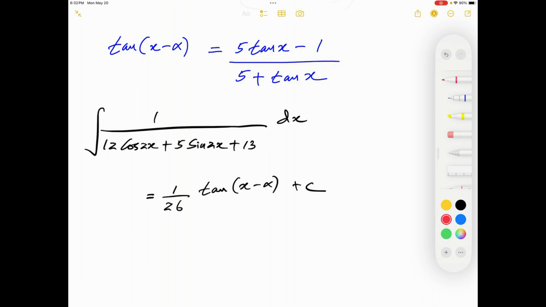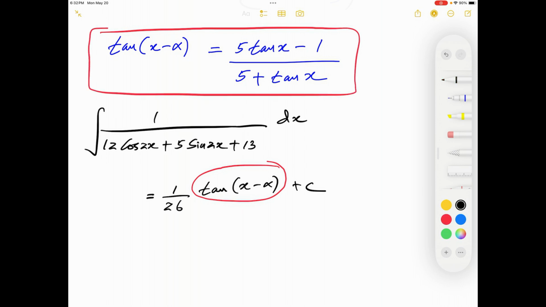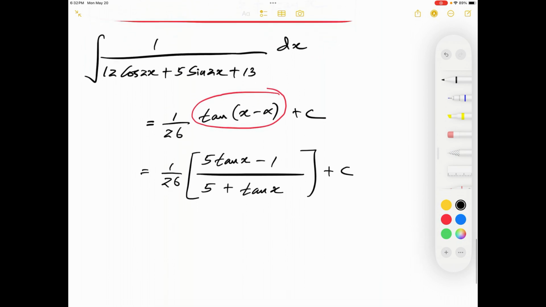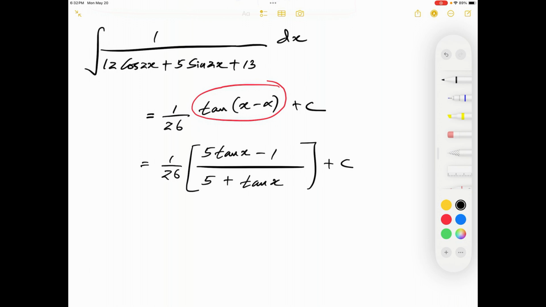What I'm going to do next is replace tangent x minus alpha by the value that we evaluated here. Then this becomes 1 over 26, let me open brackets, 5 tangent x minus 1 divided by 5 plus tangent x, plus c. Alright, now we can keep this answer as a final answer.